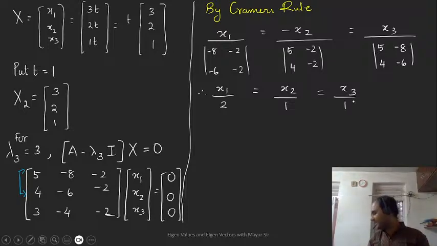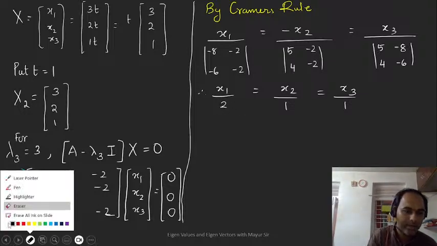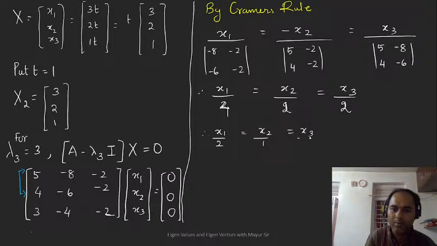Alright, fantastic. So when you have solved, this is after the reduction. Yeah, 4 2 2. Fine. So this is after the reduction. The answers here are 4 2 2, and on reduction you'll get x1 by 2, x2 by 1, x3 by 1.